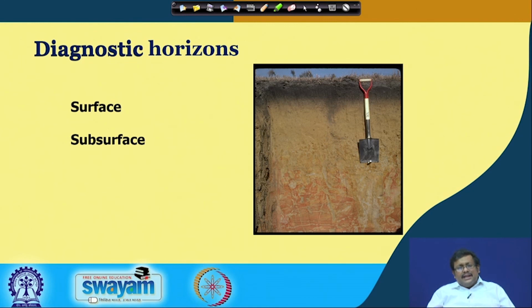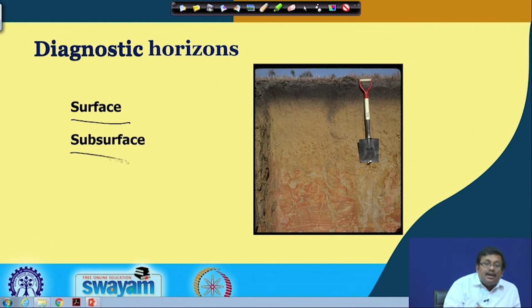So, based on certain characteristics, their surface horizon or subsurface horizons are differentiated, and we will discuss them one by one. Diagnostic horizons are basically of two types. One is called surface horizon, another is subsurface horizon.